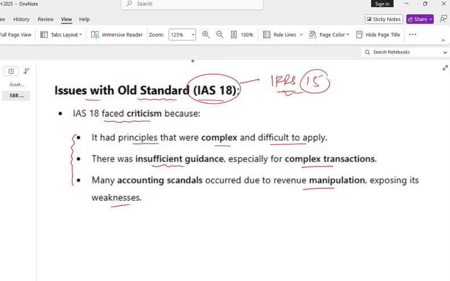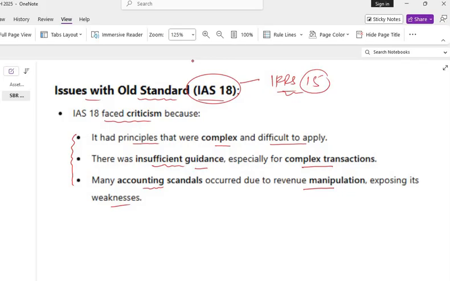The first one is that the principles were too hard, complex and difficult to apply. The second is insufficient guidance, especially for complex transactions, and accounting scandals occurred due to manipulation of revenue.